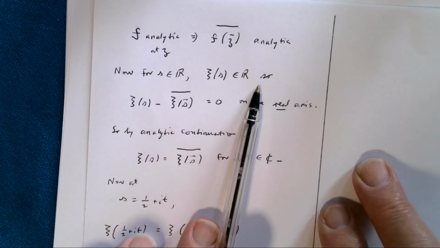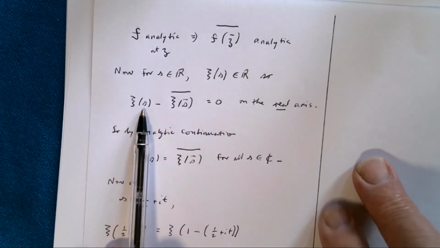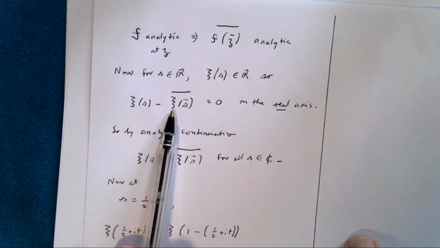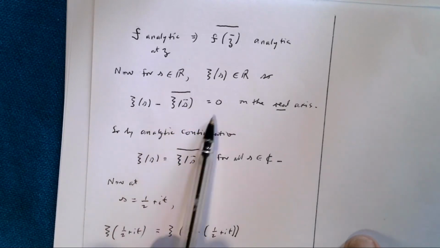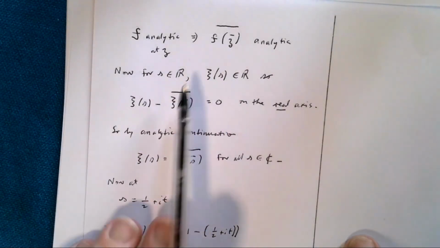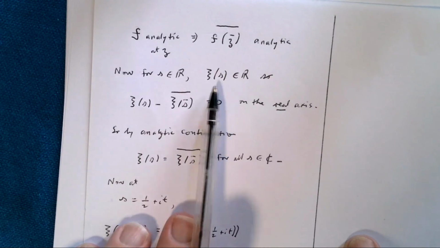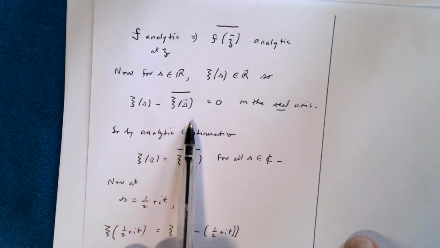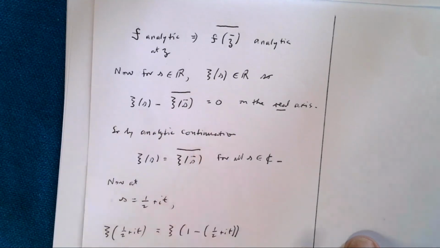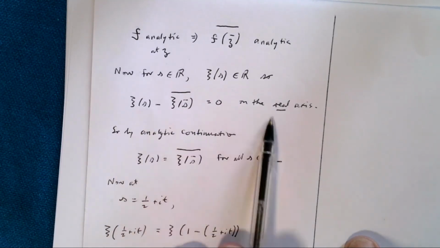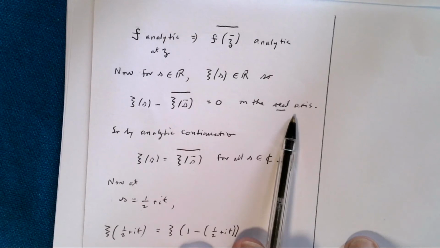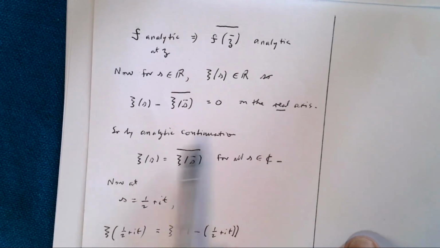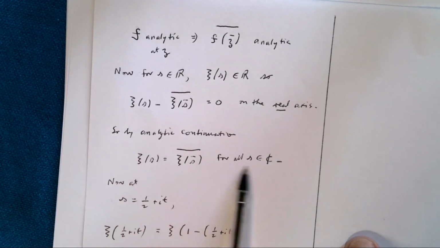So psi of s minus psi of s bar all bar is 0, because if this number is real and s is real, then s bar is just the same as s, and the conjugate is exactly the same, so you get 0. So that means this is now 0 on the real axis. And so again I invoke analytic continuation, which says that these must be equal for all z in C.